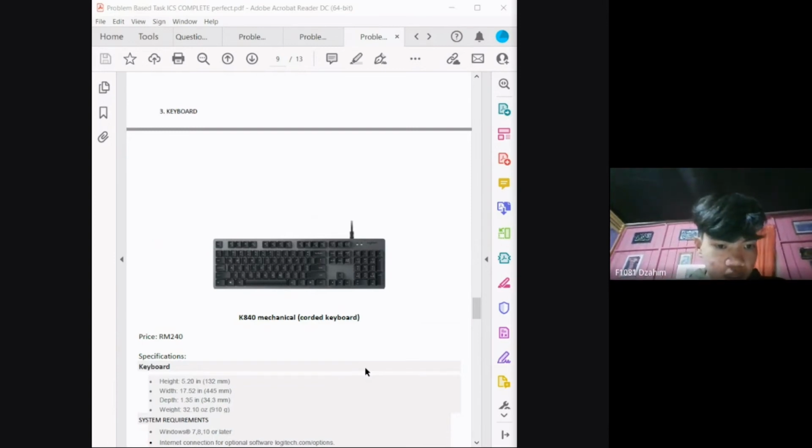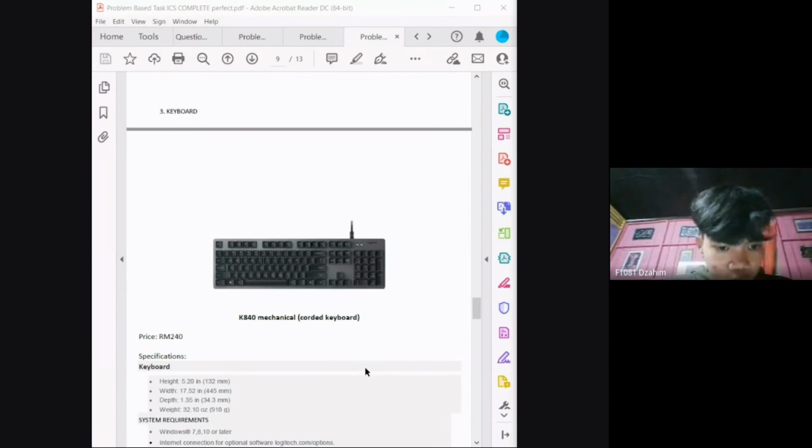Specification: keyboard height 5.20 in, 132 mm, and width is 17.52 in, 445 millimeter.